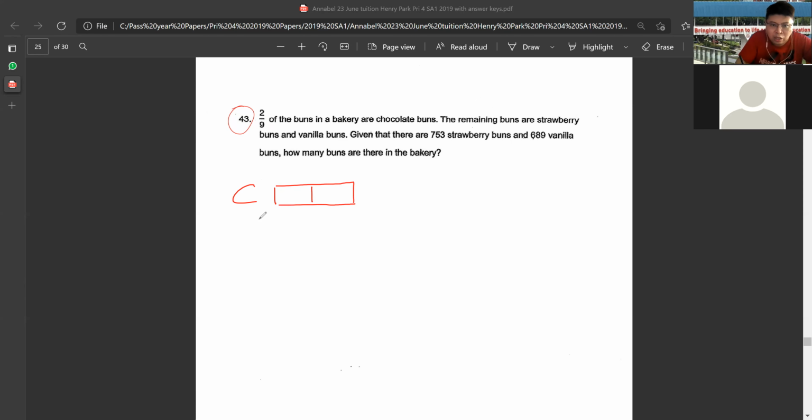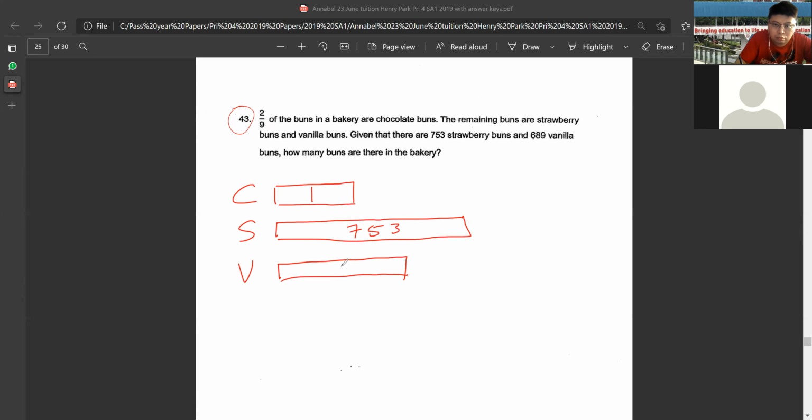The remaining buns are strawberry or vanilla. Given that there are 753 strawberry buns and 689 vanilla buns. How many buns are there?